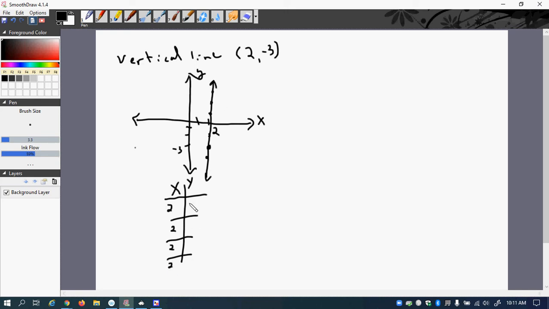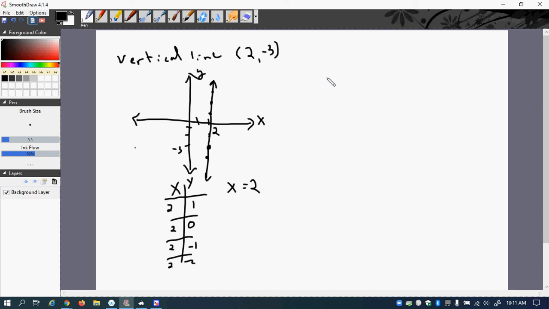So I could make it 1, 0, negative 1, and negative 2. And so now I realize that this is a vertical line where x is equal to 2. So this helps me out. I can draw the picture, use a point, and create a table to convince myself that this is x equal to 2. So let's do another one.